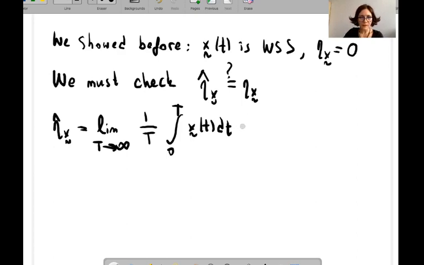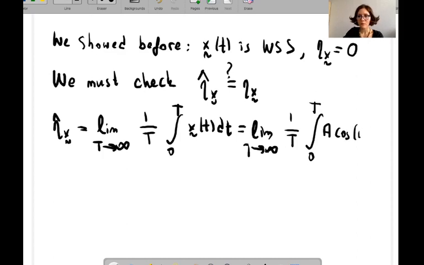So okay, let's calculate our integral. Limit as T goes to infinity, 1 over T, integral from 0 to T. Let's write down the expression of our random process: A cosine of omega 0 t plus theta, dt. The randomness comes from this phase term.